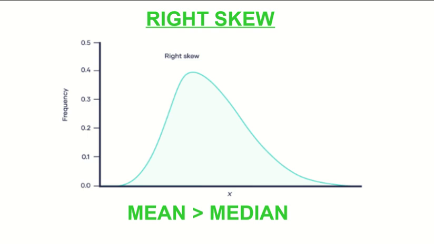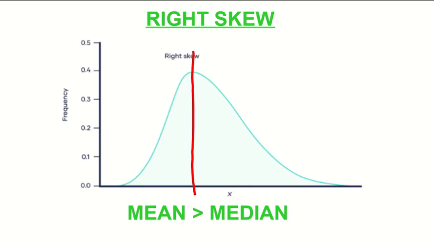Right skew. This is an example of right skew. Where this gets confusing is which side is the bump going to? The bump's going to the left. The reason it's called right skew is you're looking for the tail of your data where it's going longer.